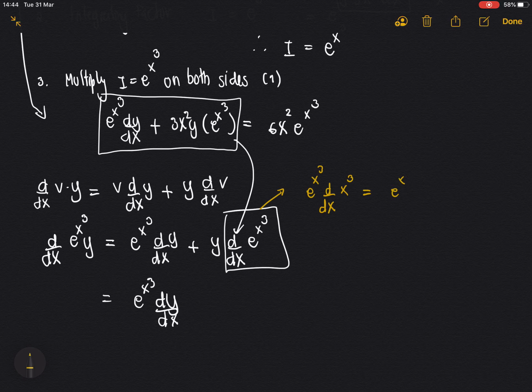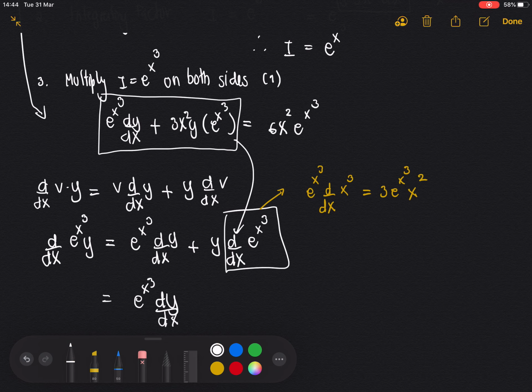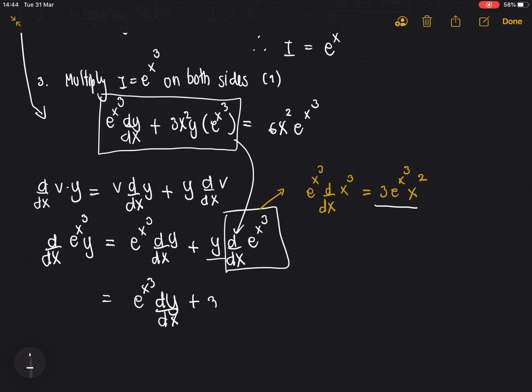So you will have 3 multiplied with the exponential of x cubed multiplied with x squared. If you rearrange that expression with the y, you will have 3x squared y, multiplied with the exponential of x raised to the power of 3, which is the same as what we have inside the block.